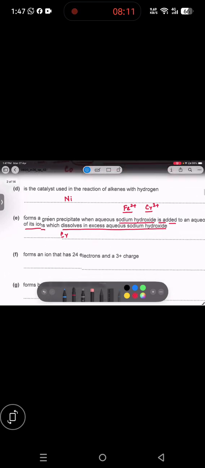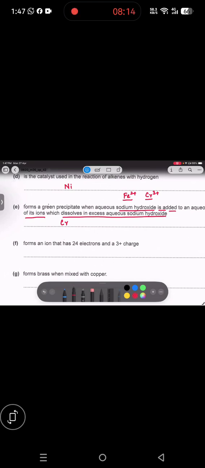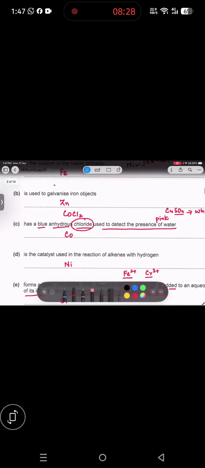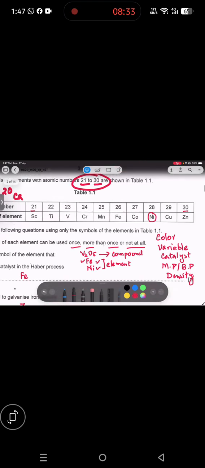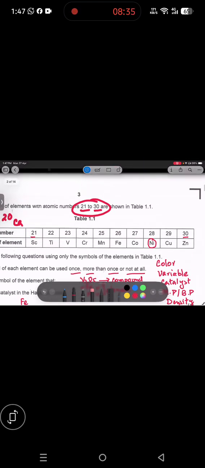Now the next one. Forms an ion that has 24 electrons with a charge of 3 positive. A charge of 3 positive means the loss of 3 electrons. Some students think the answer is chromium. No, the answer is cobalt here.